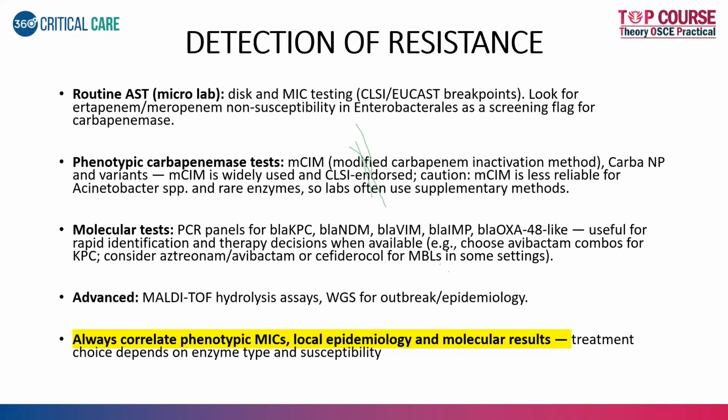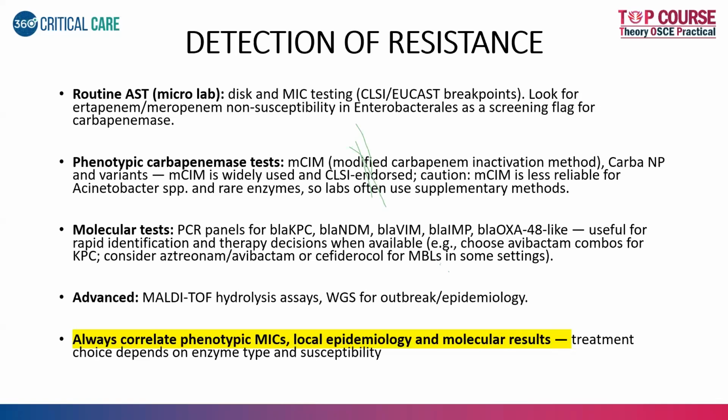Once you find out that there is resistance to one of the carbapenems, then you go ahead for the next one. Whenever we see carbapenem resistance, always look for resistance to meropenem and ertapenem. If at all they say imipenem sensitive, meropenem resistant, you should take note and see that this patient has already developed a carbapenem resistant organism.